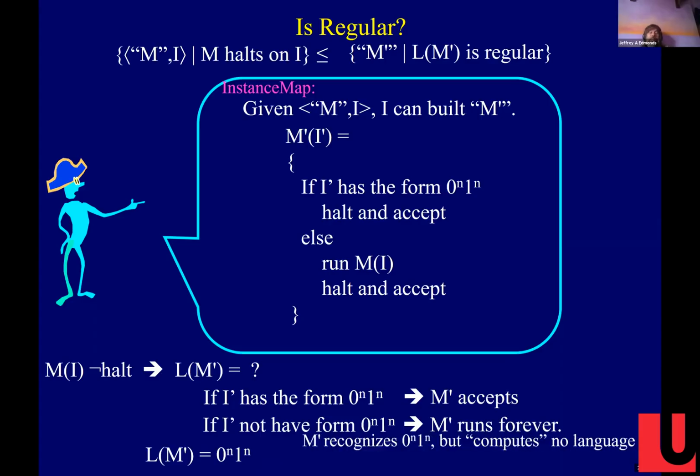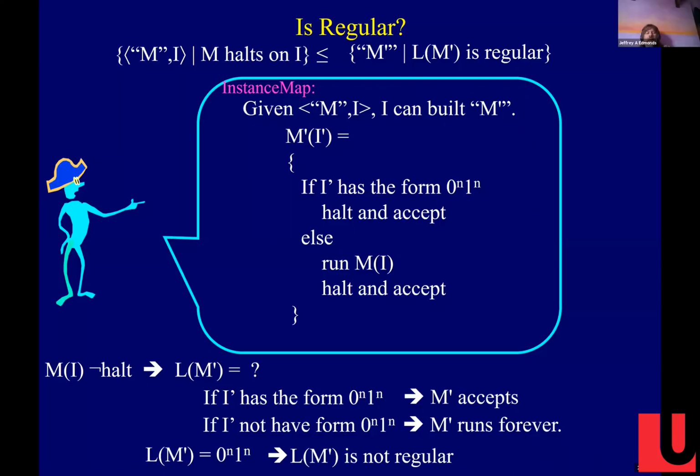Now here I'm just adding a little caveat. M prime recognizes 0 to the n, 1 to the n. It doesn't decide it because it doesn't halt. So it's the difference between recognizing and deciding, but let's ignore that.